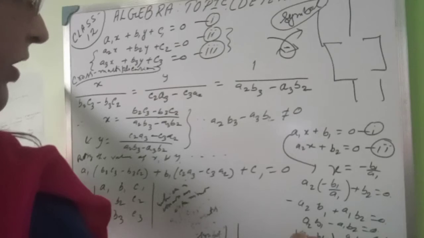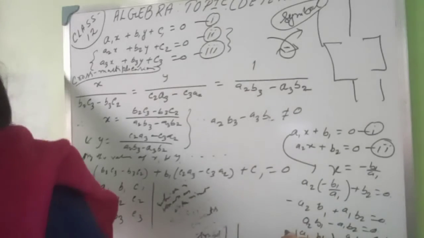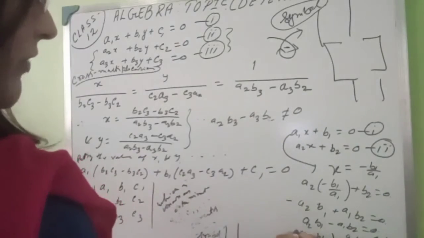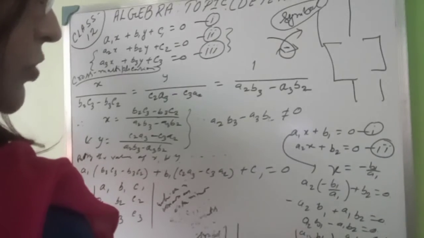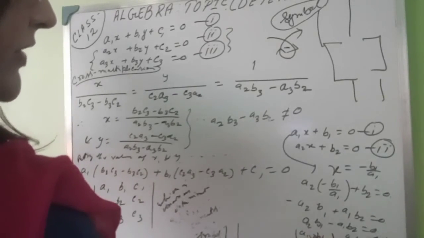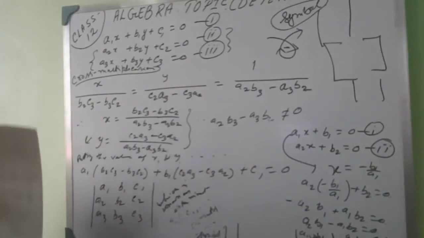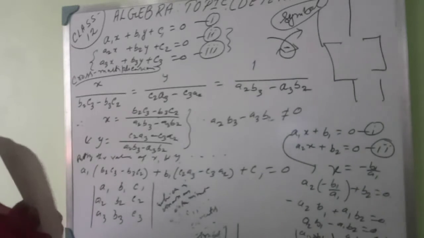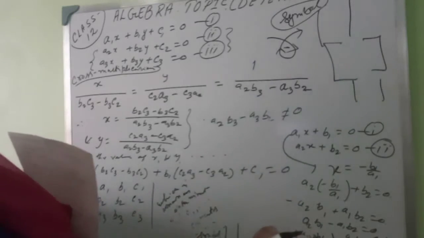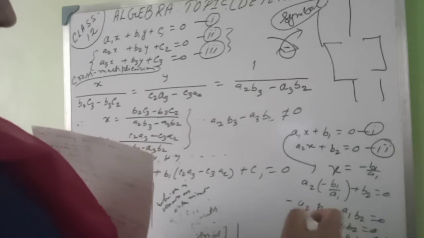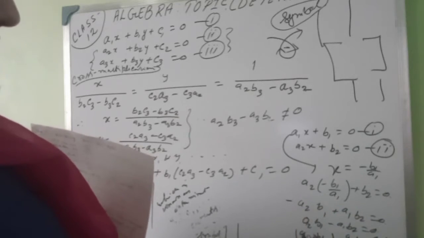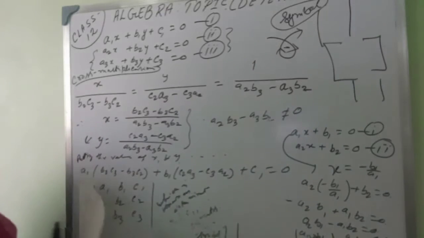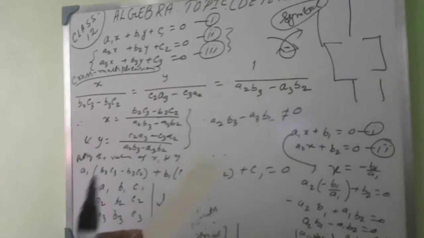Okay, and from here also if you use that symbol a1 b2 minus a2 b1, so these type of elements also can be written in the form of determinant. a1 b1 a2 b2, this is the second order determinant. 4 elements written in 2 rows and 2 columns.